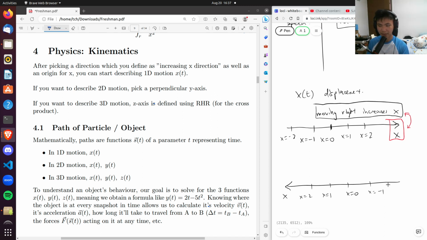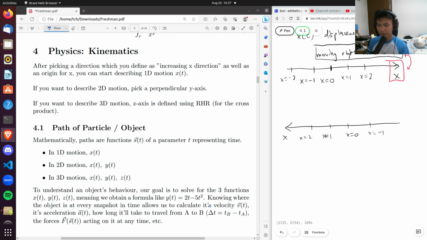The reason why this distinction is important is because if I take the derivative of x with respect to time, remember the x of t describes the particle's position, or rather displacement. It describes the particle position as a function of time. If I take the derivative, this is by definition the velocity of the particle. And remember velocity is a vector quantity, meaning that it has a direction associated with it.